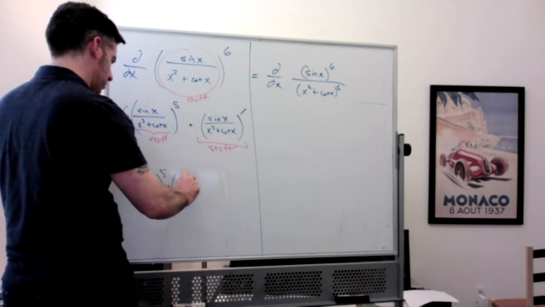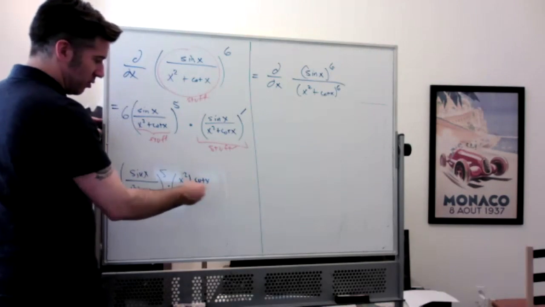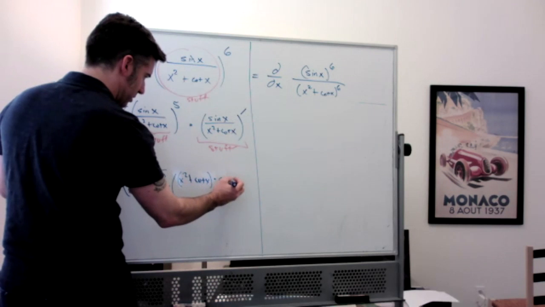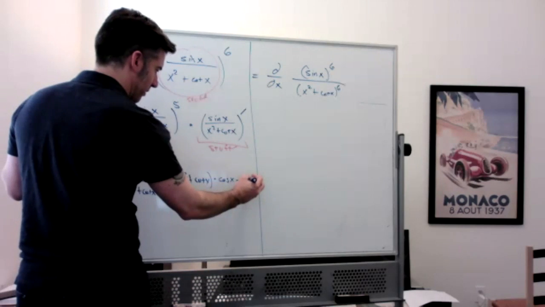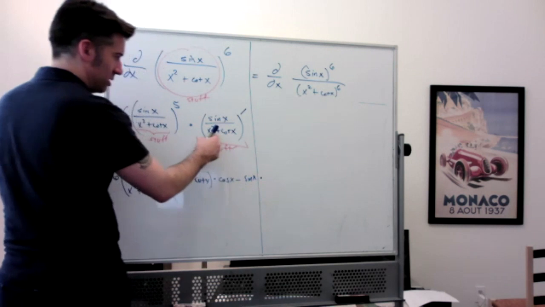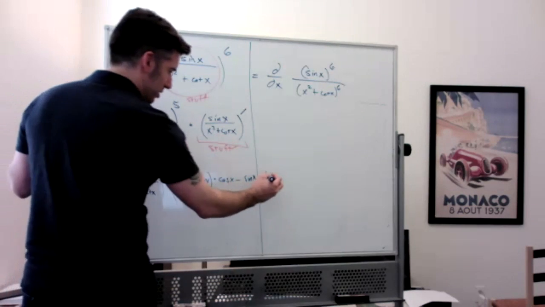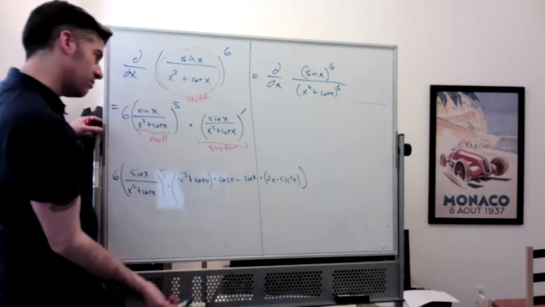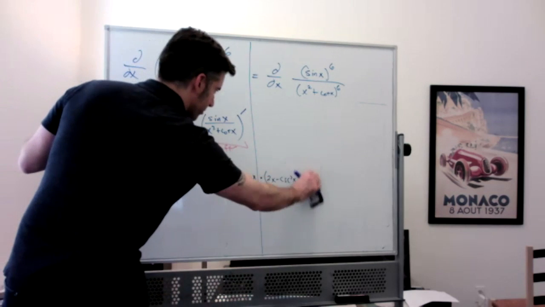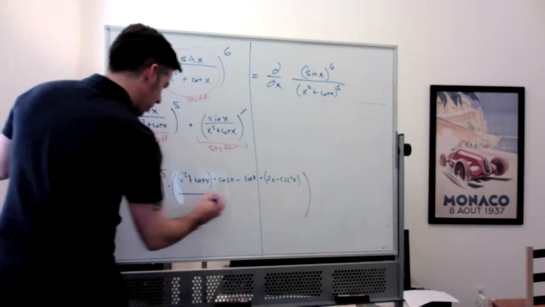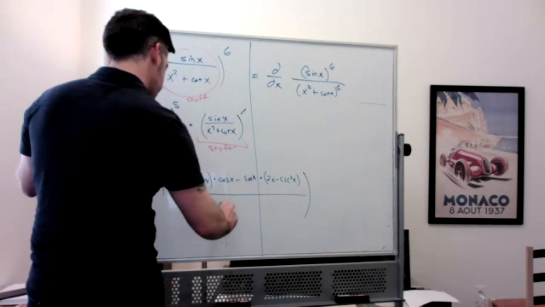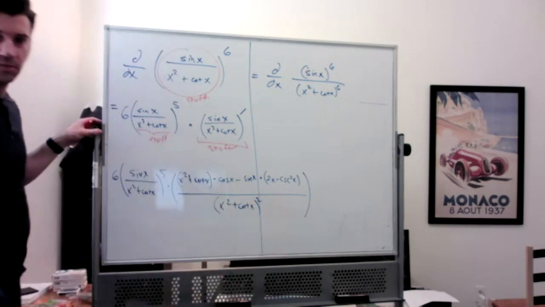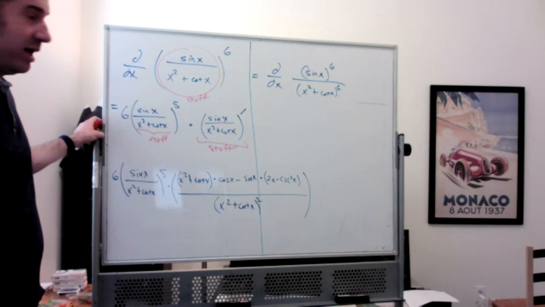So it's the bottom, and since there's more than one piece, I'm going to put that in parentheses, times the derivative of the top, which is cosine of x, minus the top, which is sine of x, times the derivative of the bottom, which is 2x minus cosecant squared x, all over the denominator squared. Kind of gross, but it is what it is.